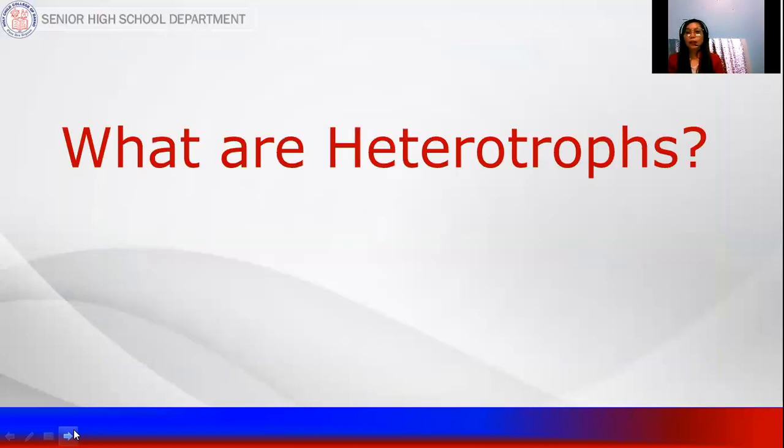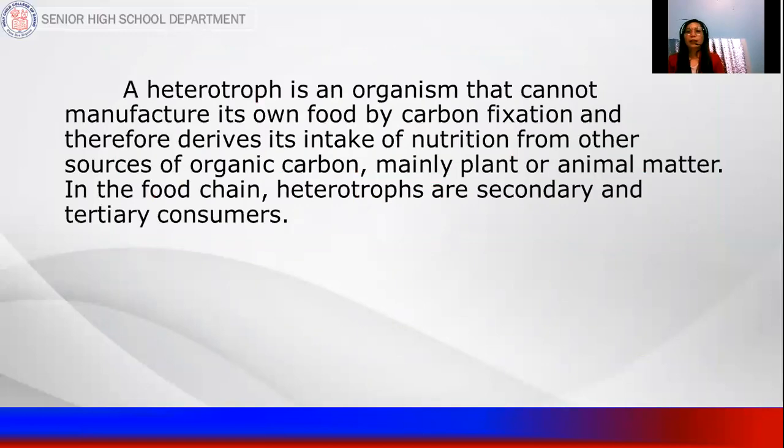On the other hand, what are heterotrophs? A heterotroph is an organism that cannot manufacture its own food by carbon fixation and therefore derives its nutrition from other sources of organic carbon, mainly plant or animal matter. In the food chain, heterotrophs are secondary and tertiary consumers.